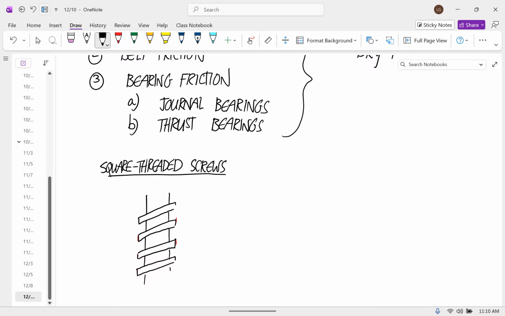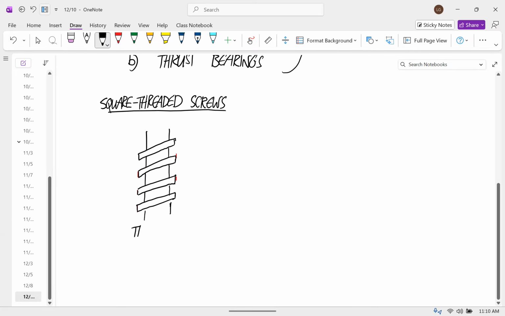Okay, so there's a square threaded screw. Yes, the edges are square.